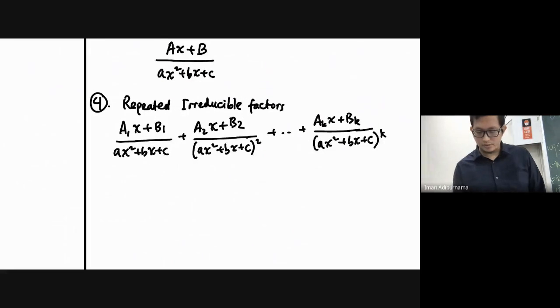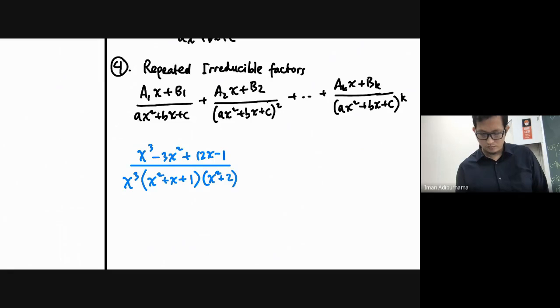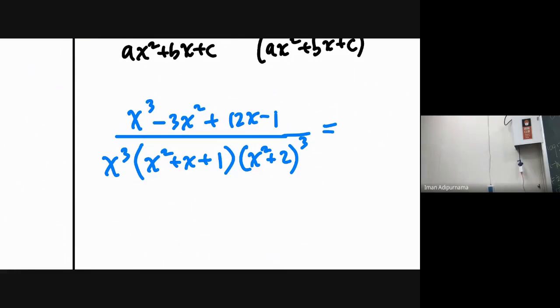So when you have, for example, x cubed at the bottom, x cubed, (x squared plus x plus 1), (x squared plus 2), and then the cube. Check the discriminant, 1 minus 4.